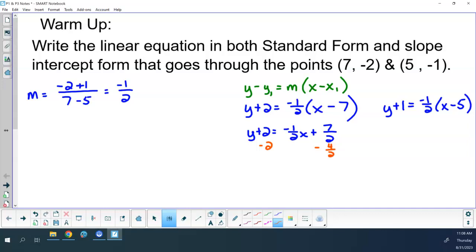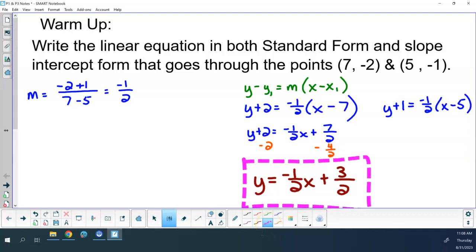And then that gives me the slope-intercept form of y equals negative 1/2 x plus 3/2. So that's my first one.